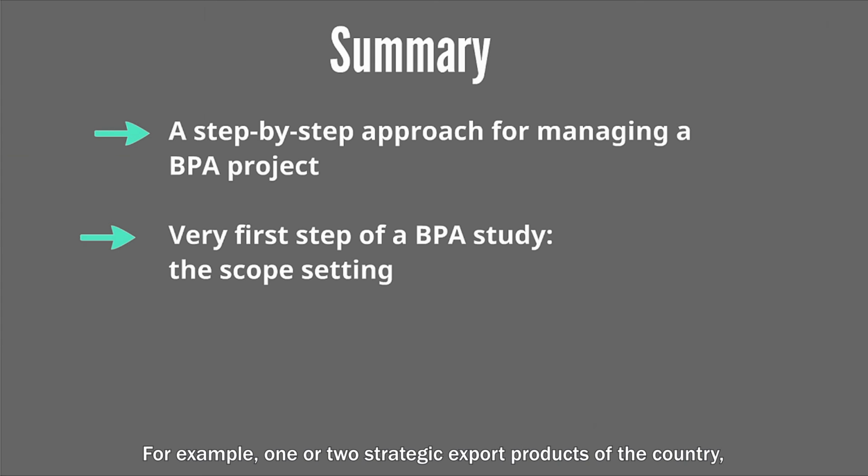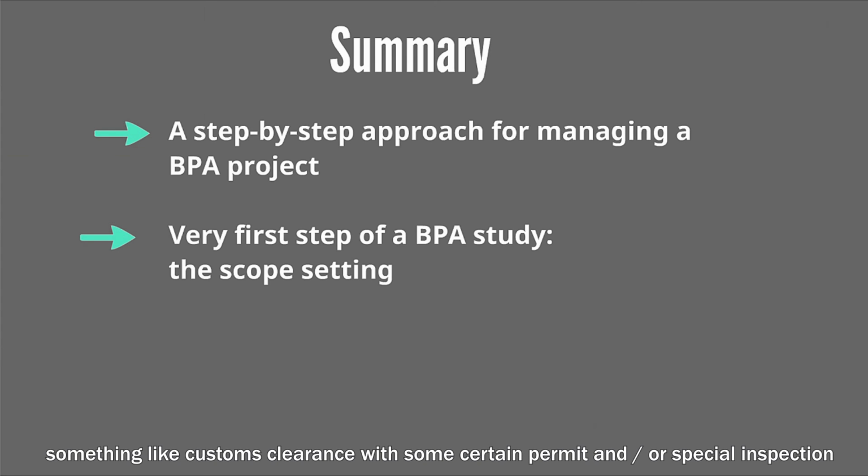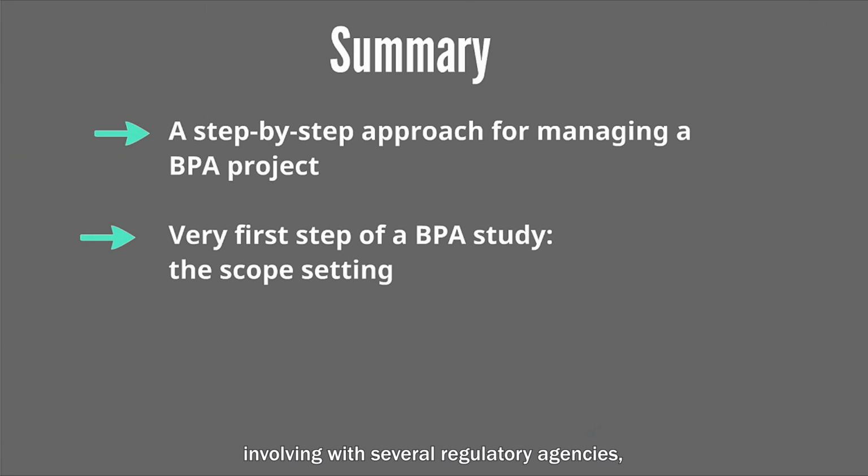For example, 1 or 2 strategic export products of the country, or 4 strategic import products, or a major trade and transport corridor of the country could be some of the rationale for defining the scope of the BPA project. Or even some complicated procedures, something like customs clearance with certain permits and or special inspection involving several regulatory agencies, can be a reason for BPA project scope setting.